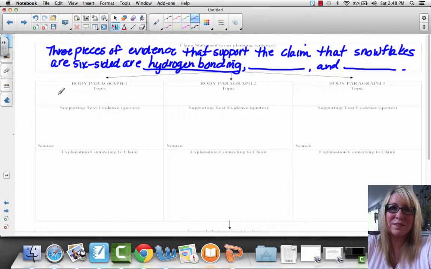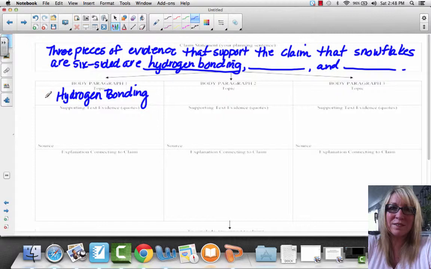So my first topic is going to be hydrogen bonding. And it's always good to go back to the reading and find your examples. You should always want to have a transition.